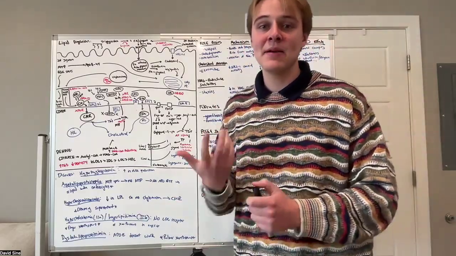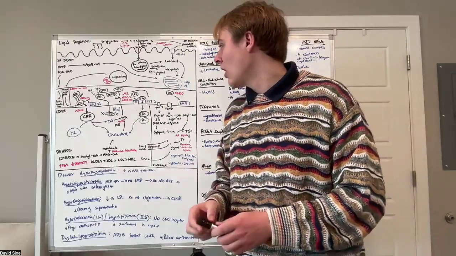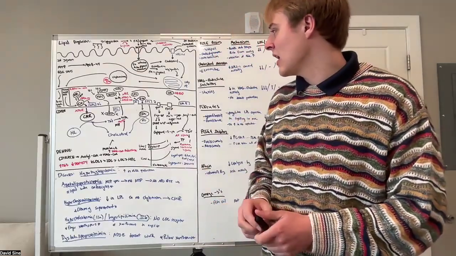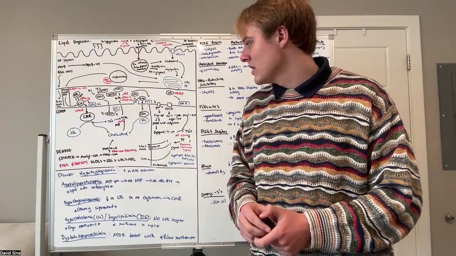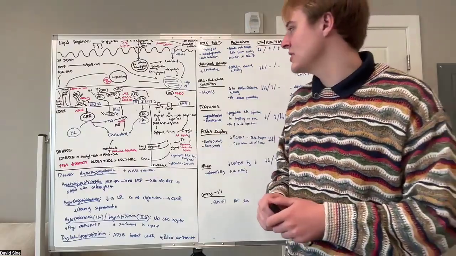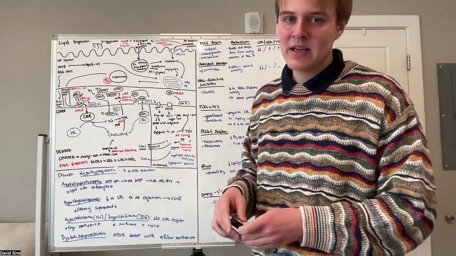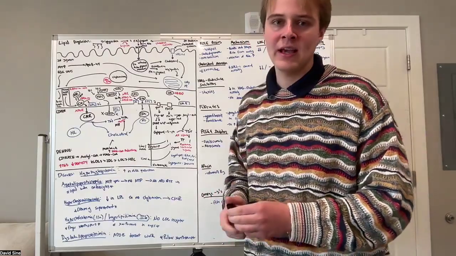The hepatic lipase will repackage it all up and form our IDL. Our IDL is our intermediate density lipoprotein, and that will come in contact again with hepatic lipase and form our LDL.